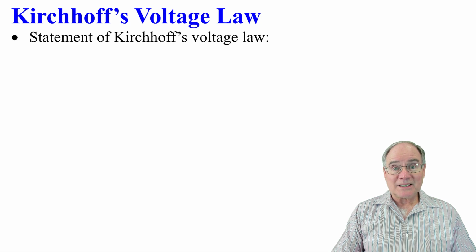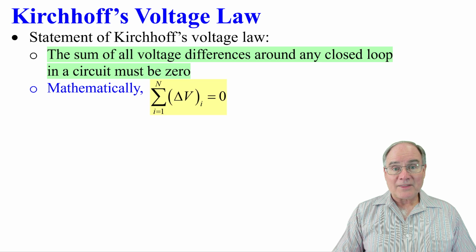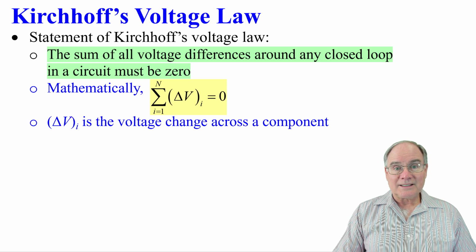Here's the statement. The sum of all voltage differences around any closed loop in a circuit must be 0. Mathematically, sigma i equal 1 to N of delta V sub i must equal 0, going around any closed loop. Delta V sub i is the voltage change as you go through or across a component.